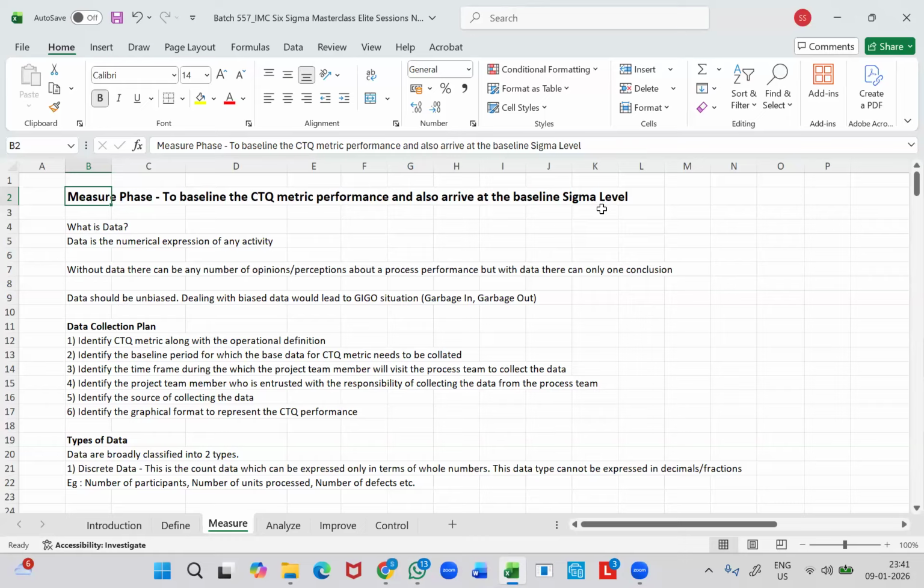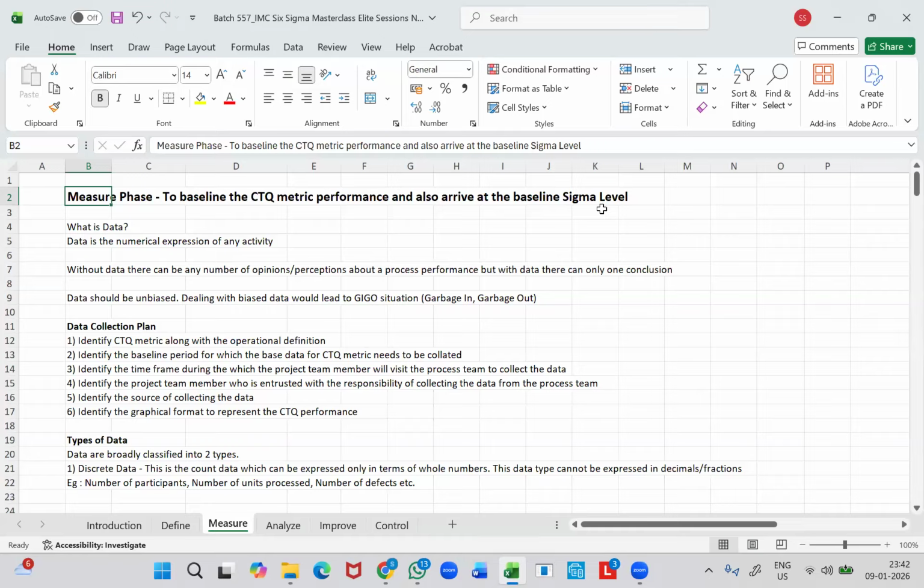Since in the measure phase we are going to measure the CTQ performance in terms of some numerical value, it's important for us to understand some of the basic data concepts, right? But then what exactly is data? Data nowadays is referred to as text formats, right? Nowadays people would call even the text format data. But in Six Sigma, we would specifically define data as a numerical expression of any activity.